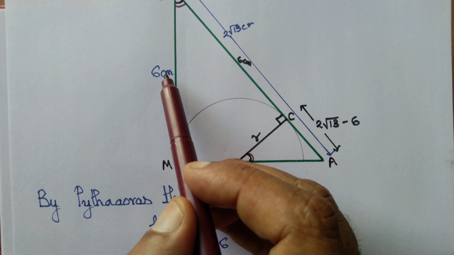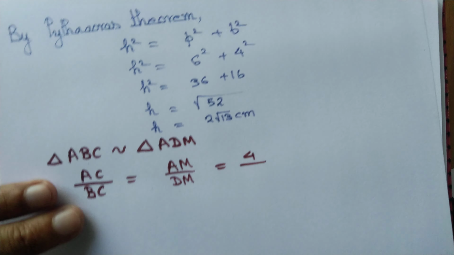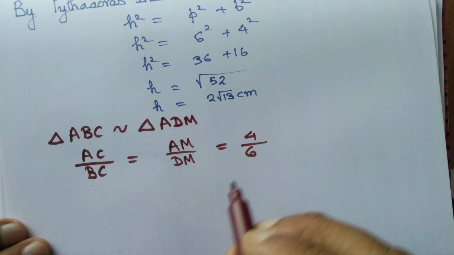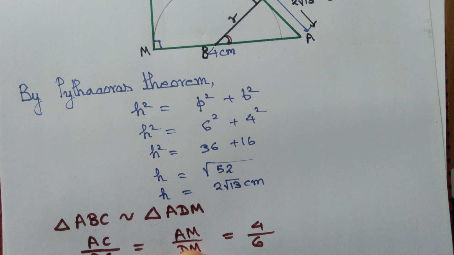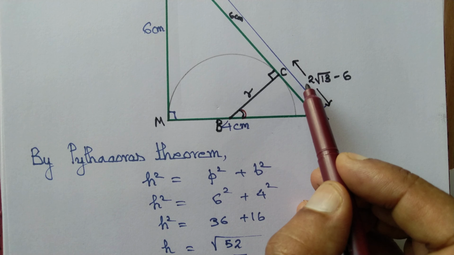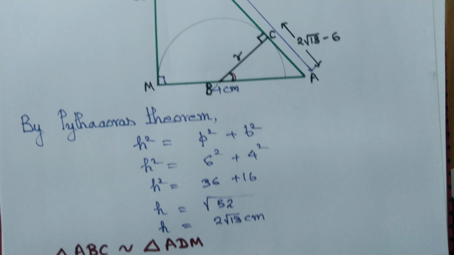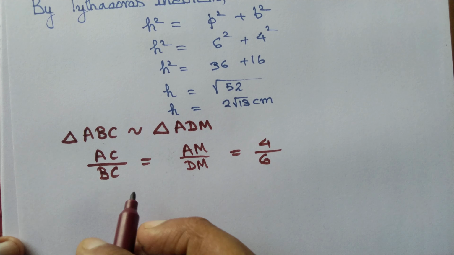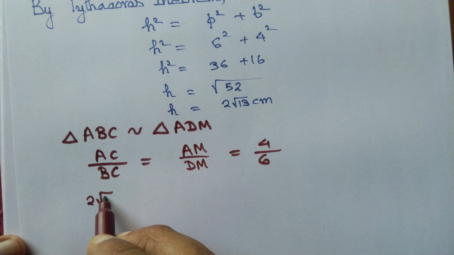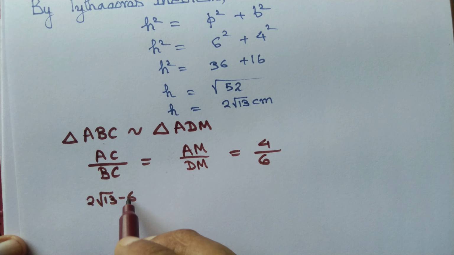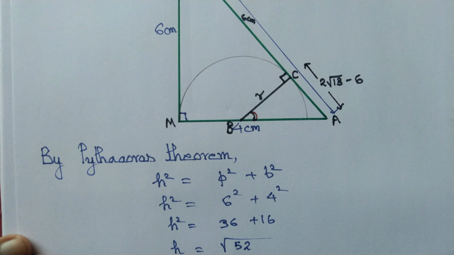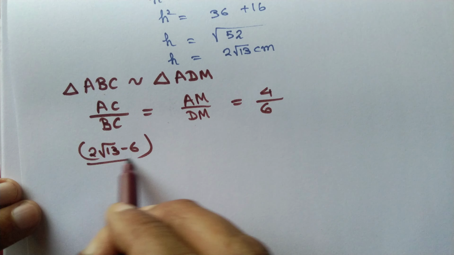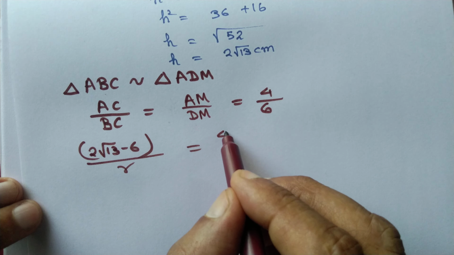Yes, that is 6 unit. Do we know AC? Yes. AC measures 2 root 13 minus 6. BC is the radius of the circle. Divided by r equal to 4 by 6.